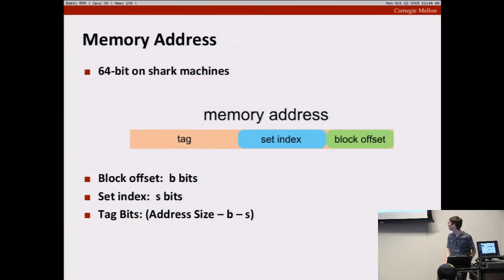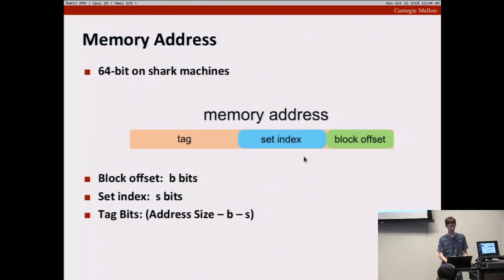These parts are a tag, a set index, and a block offset. The exact number of bits that go into each of these depends on the implementation of the cache. In Cache Lab, you'll be implementing a cache simulator that takes in how many bits go into each of these 3 parts as its parameters, and simulates a cache with that design.